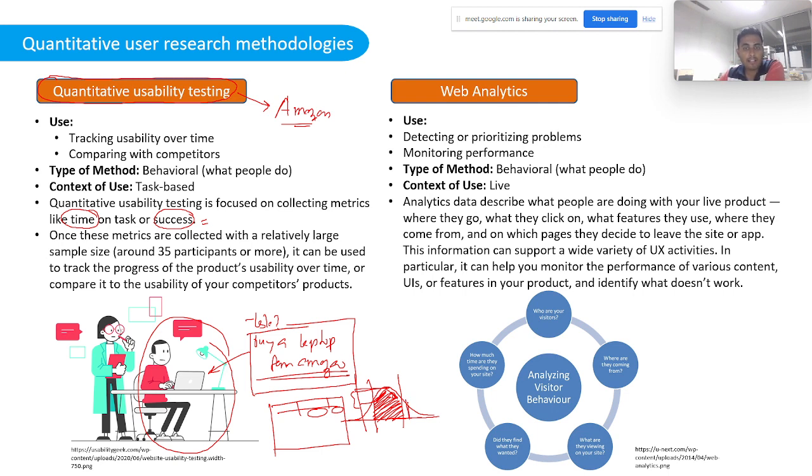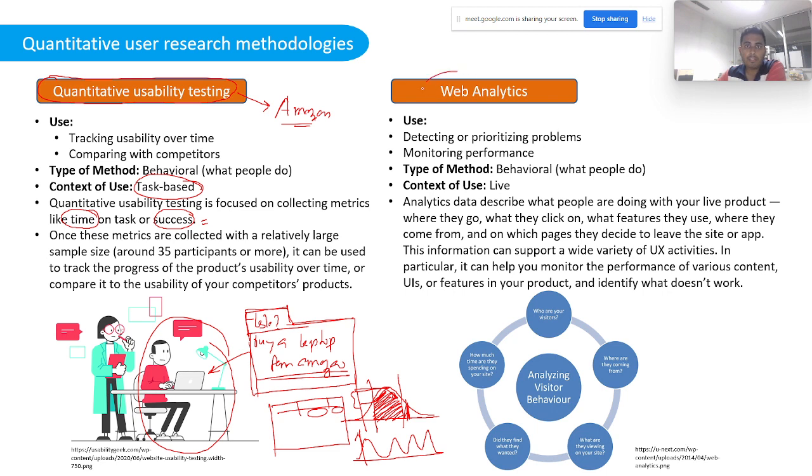But if the time required for this feature actually varies among users, that means the feature is not proper, or there are some issues with navigation, so you need to correct the interface as well as the interaction features. So these are mainly useful when we try to understand task-based activities.